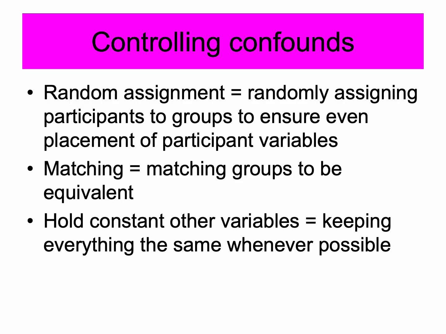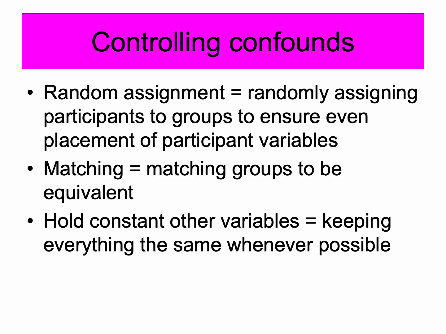But if you use random assignment, it's much less likely that the differences between your groups are due to participant variables. For example, if you put all of your males in your medication group and all of your females in your therapy group, then that would be a confound, because we don't know if it's medication and therapy that's causing differences in anxiety levels or if it's inherent differences based on gender, right?